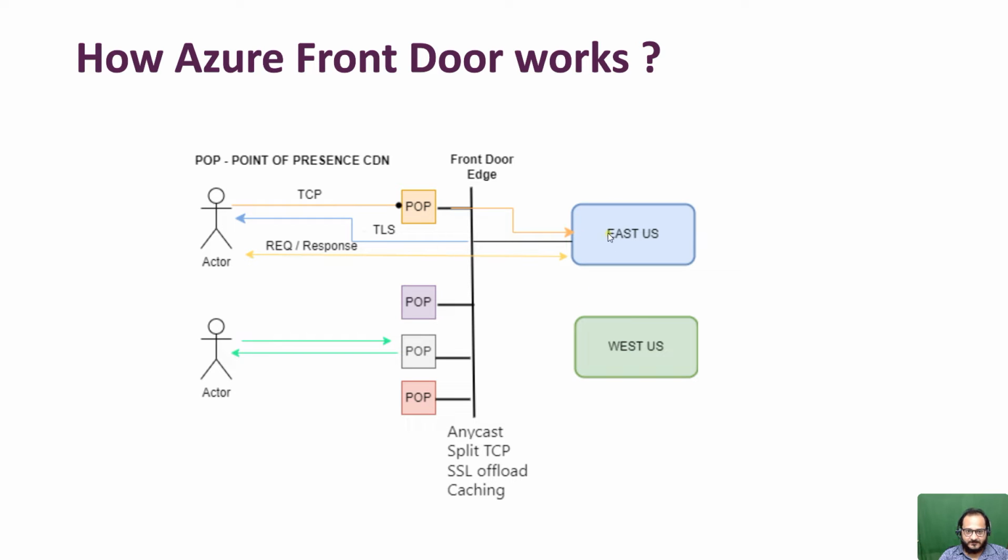In this US region we have, suppose, 3 servers. One is hosting videos, another one is hosting some static content, and another backend server is hosting the blog. Then the routing rule will decide, okay, I have to go to the third server because that server hosts the blog. So the routing rule is required to route the traffic to the accurate backend pool so it can get the data.